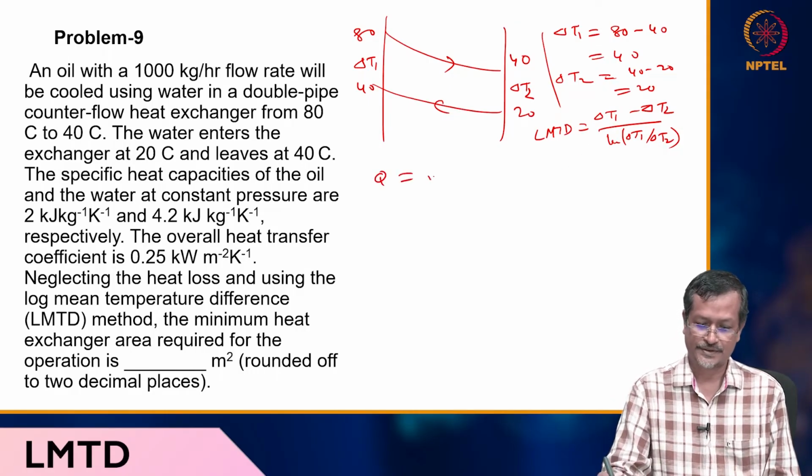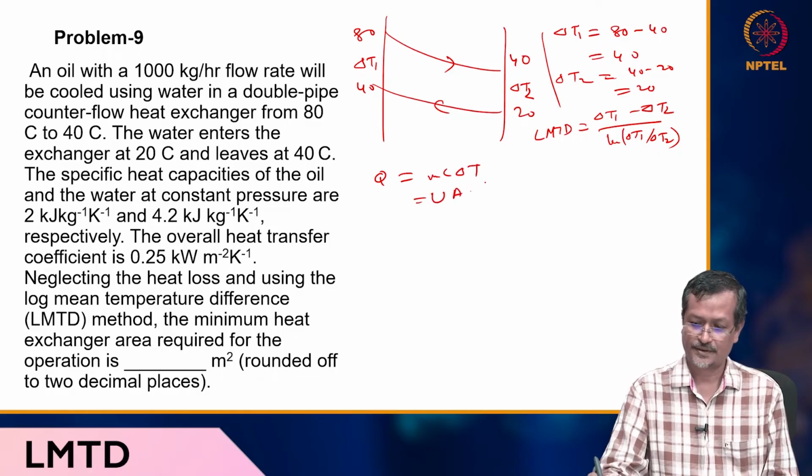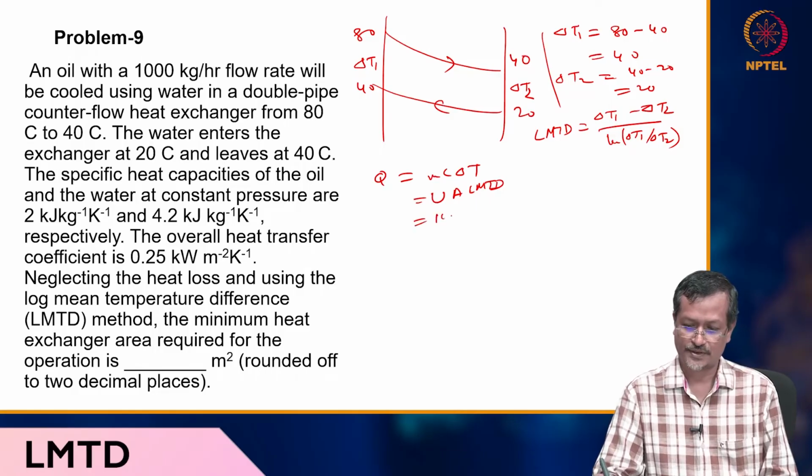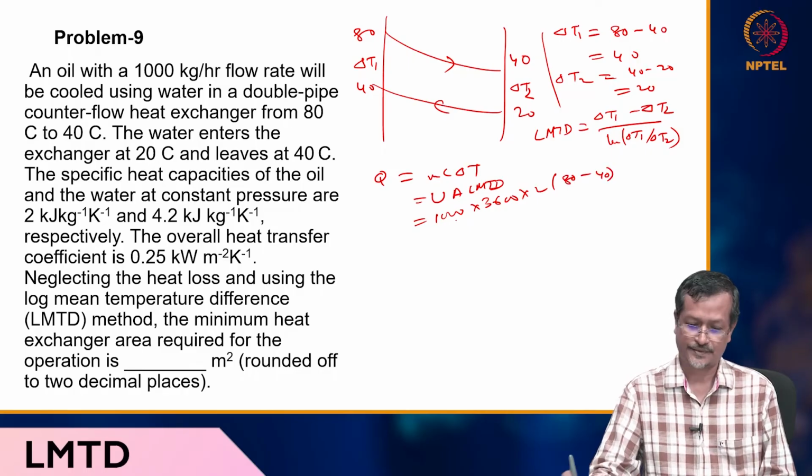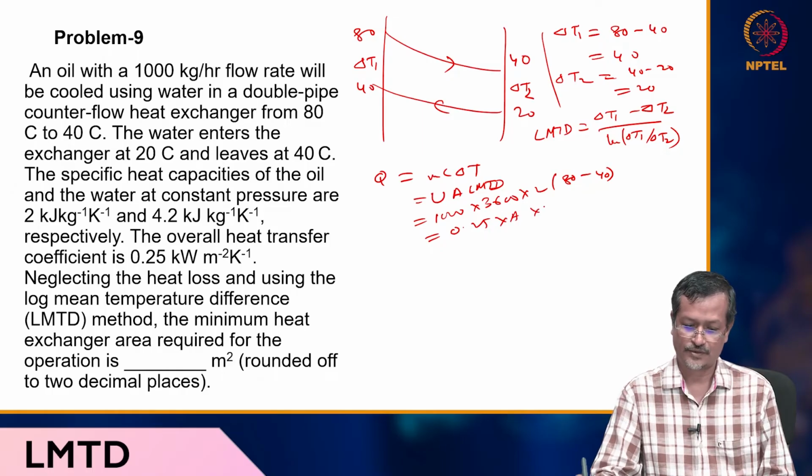So Q equals m c del T equals U A LMTD. So 1000 into 2 into 4200 into (80 minus 40) equals 0.25 into A into 28.85.